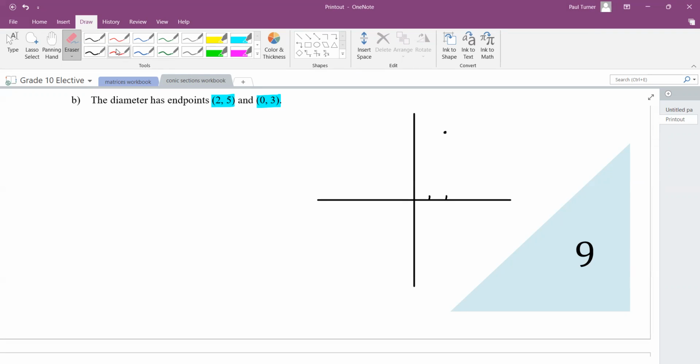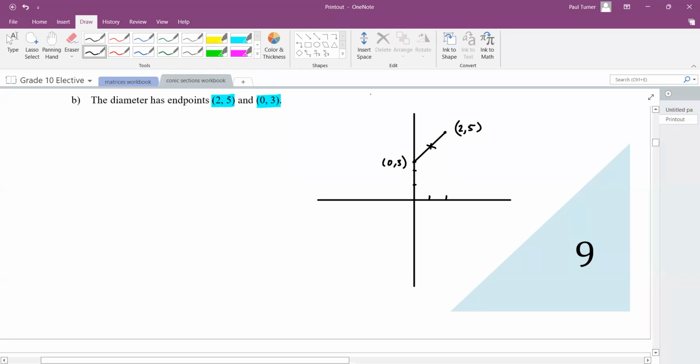And we have 0, 3. So x is 0, y is 3. So 1, 2, 3, about here. So this is 2, 5. And this is 0, 3. So these are the endpoints of a diameter. So we could put a diameter line in here, like that. The center of that will be the radius, won't it? Which is roughly here.